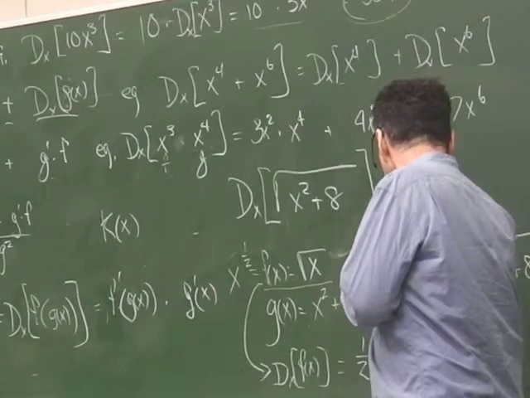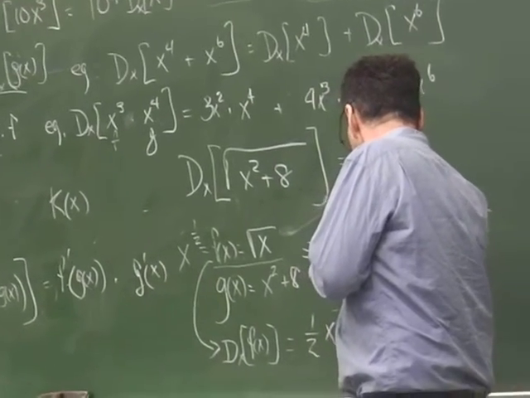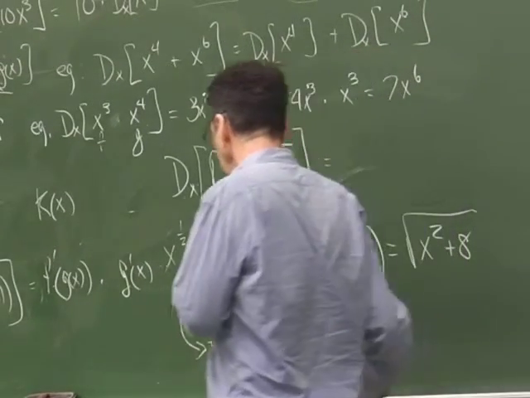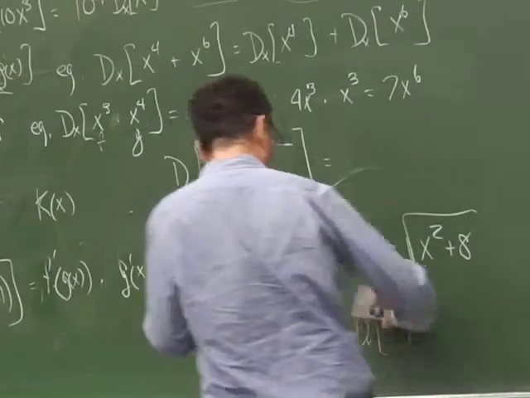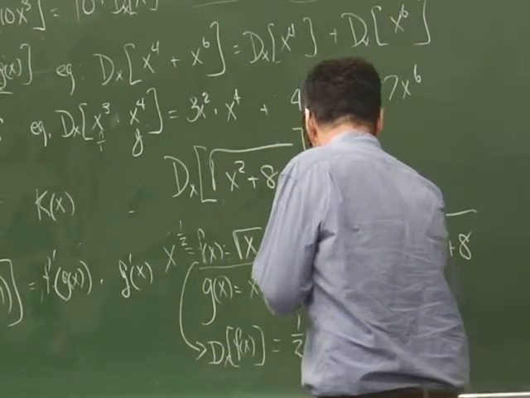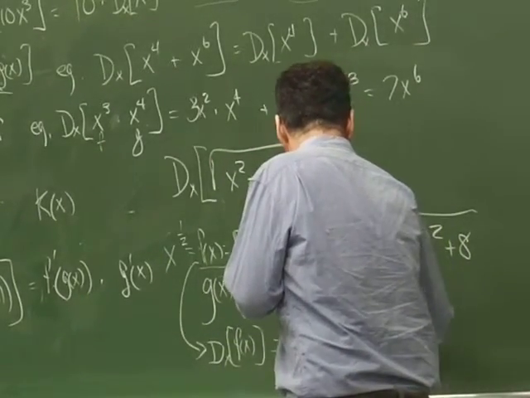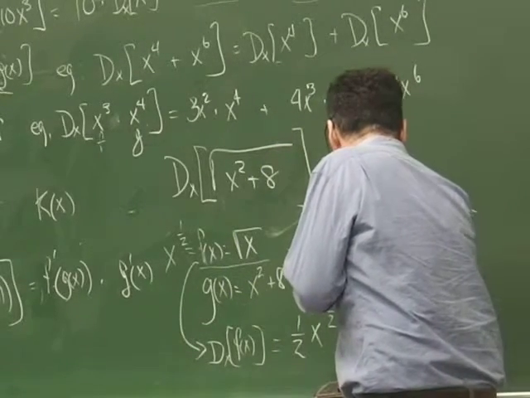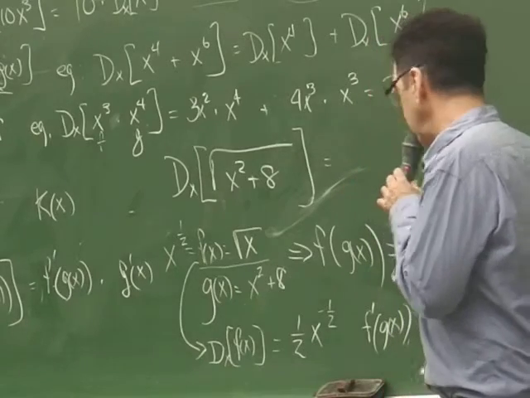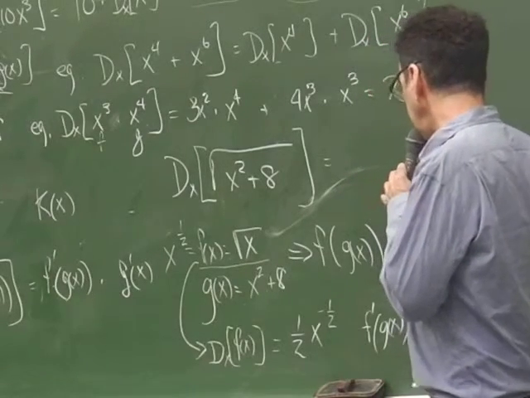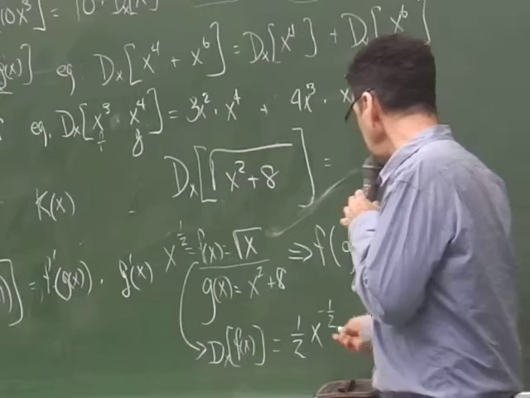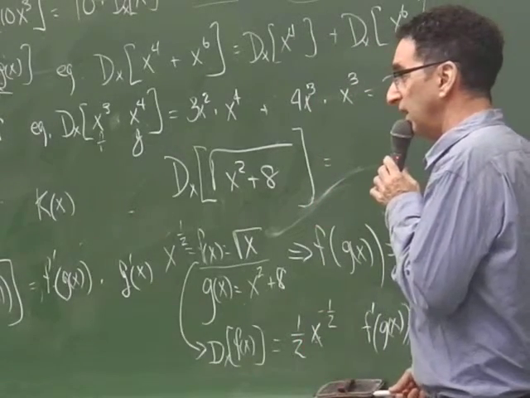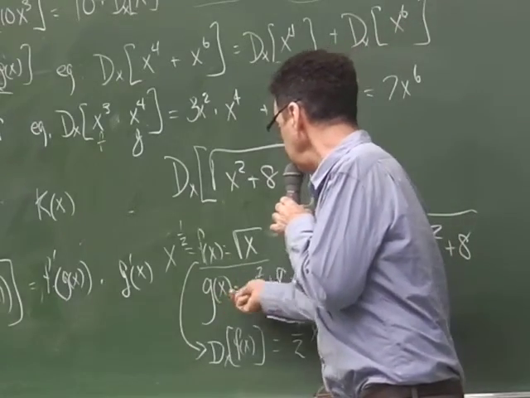So the derivative, let me write it like this: f prime of g of x. Right? So what do I get? I have to put g here. So what is g again? g is x squared plus 8.